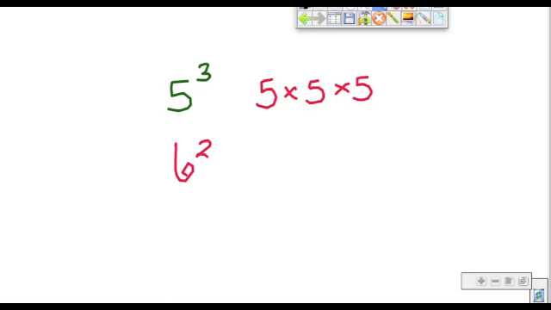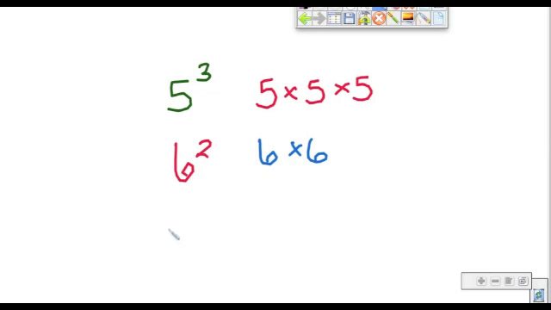Now what if you had something like 5 to the third power? Well, that's going to tell you to write it 5 times 5 times 5. That's all that means. Okay? 6 to the second power means 6 times 6. All right?